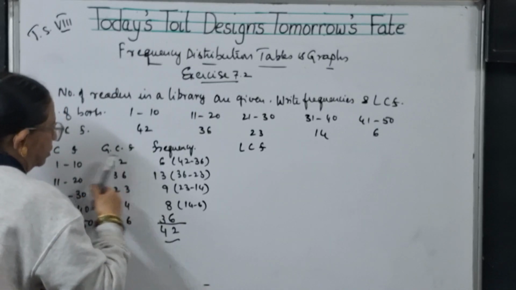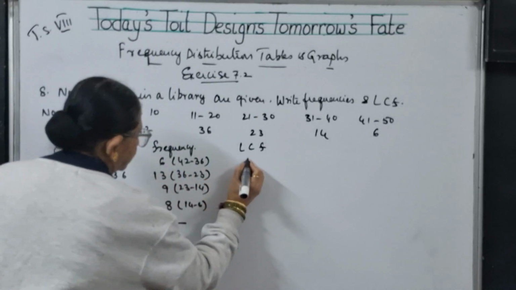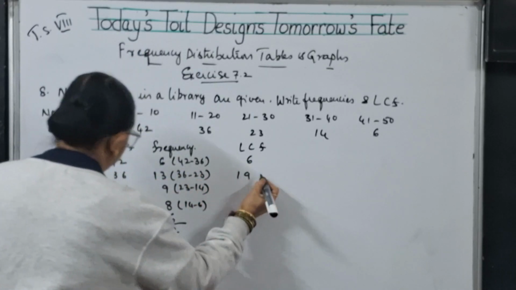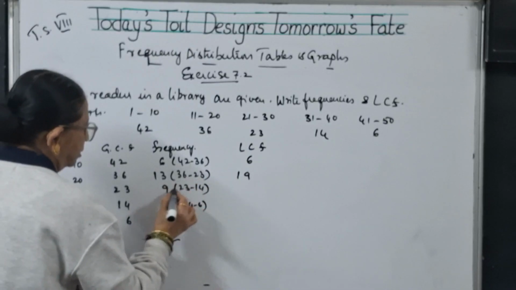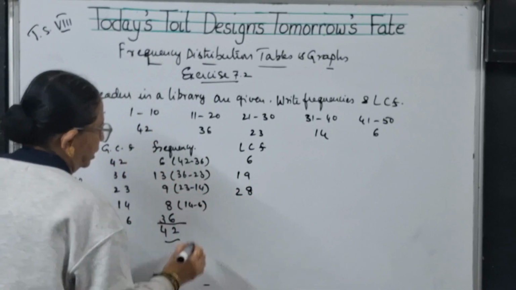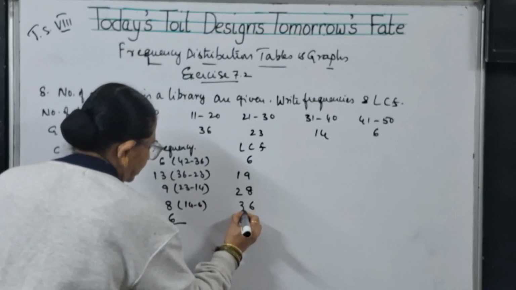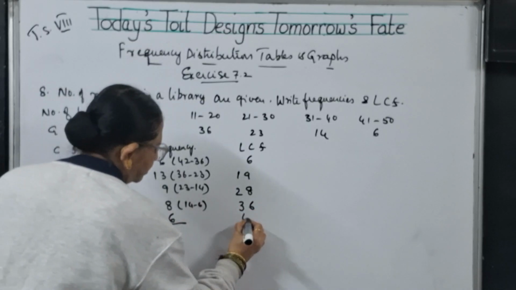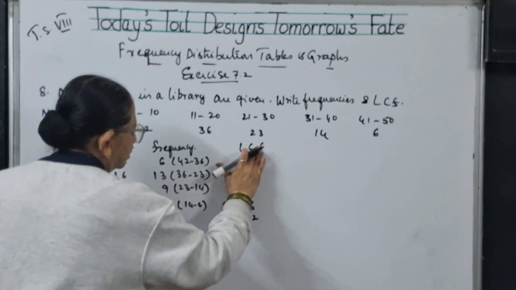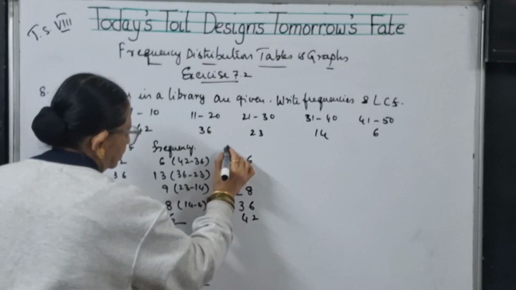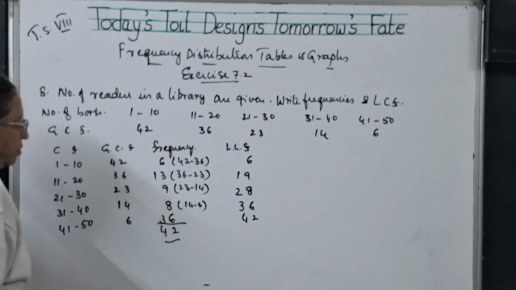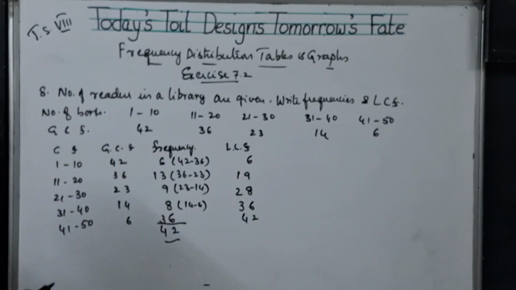The 1 to 10 frequency here is 6. 6 plus 13 is 19. 19 plus 9, 28. 28 plus 8, 36. 36 plus 6, 42. So this is less than cumulative frequency. So this is what they have asked us to do, children.